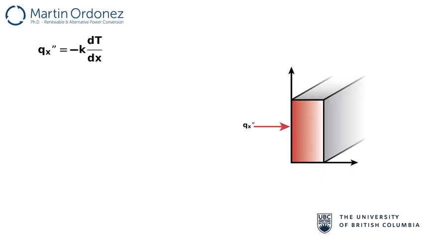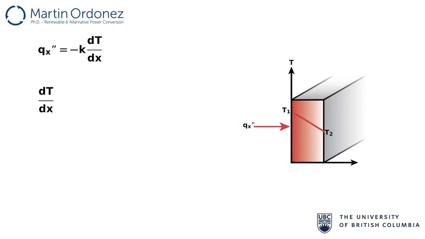The negative sign is a consequence of the fact that heat is transferred in the direction of decreasing temperature. That is, from the side with higher temperature T1 to the side with lower temperature T2. It should be noted that the temperature gradient can be linearized by using the temperature difference of two points.